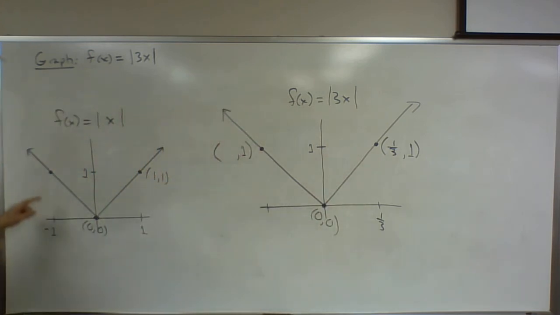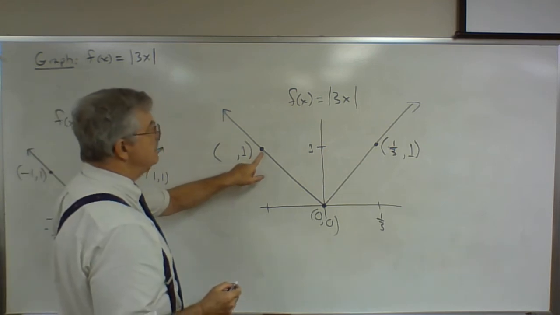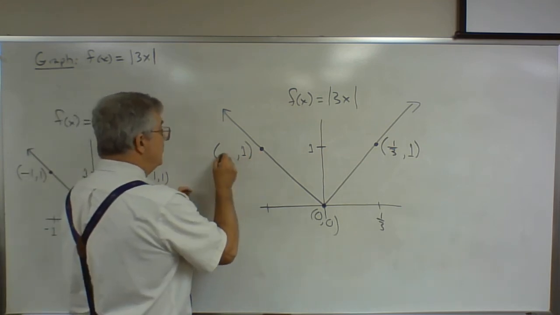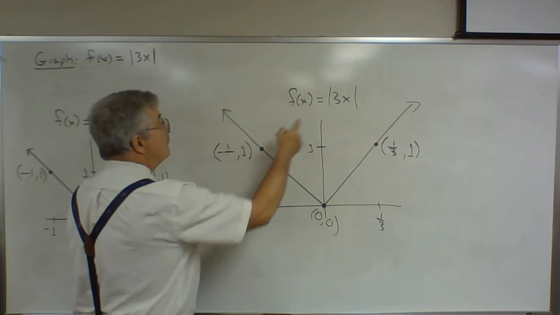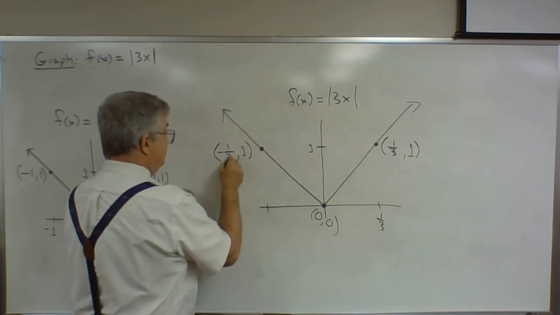And if the x-coordinate of the corresponding point in the graph of the reference function is -1, I expect the x-coordinate of the corresponding point in this graph to be -1 over that number.